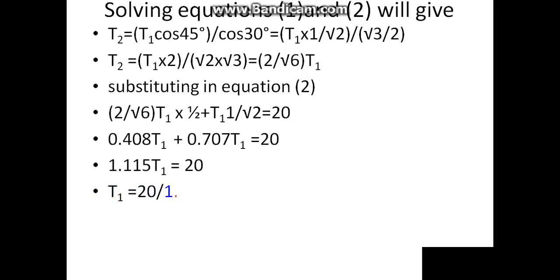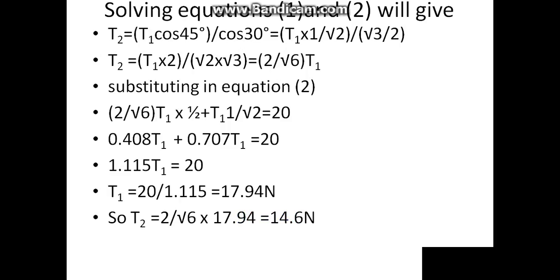Therefore, T1 is now equal to 20 over 1.115, which gives us 17.94 Newton. So T2 will now be equal to 2 over square root of 2 times 17.94, which will give us 14.6 Newton.